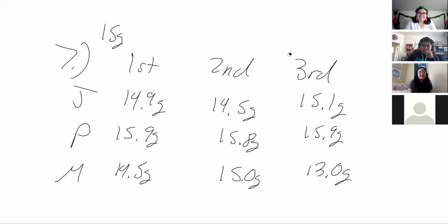Yes, if you look at Jamie, they have 14.9, which is pretty close to 15, and then there's 14.5, and then there's 15.1. So really the only one that's more off is that middle one, but the ones on the side make it pretty close to 15, right?